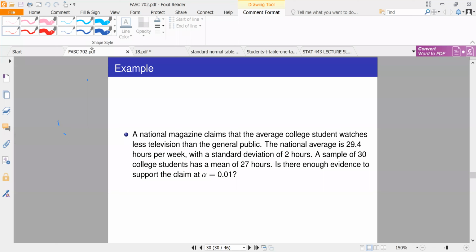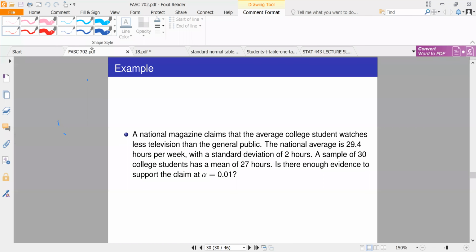So here there's an example. We are told that a national magazine claims that the average college student watches less television than the general public. The national average in terms of hours that people take to watch television is given as 29.4 hours per week, with a standard deviation of 2 hours.